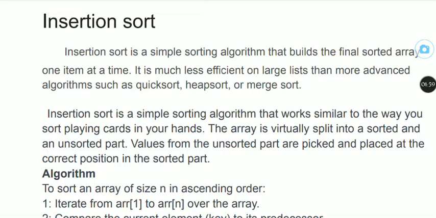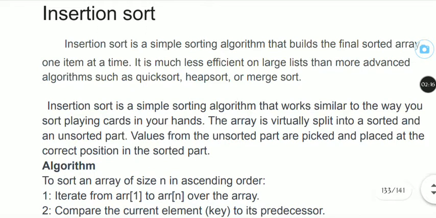Coming to the working of insertion sort, the array is sorted by taking one element at a time. The principle behind insertion sort is to take one element, iterate through the sorted array and find its correct position in the sorted array.